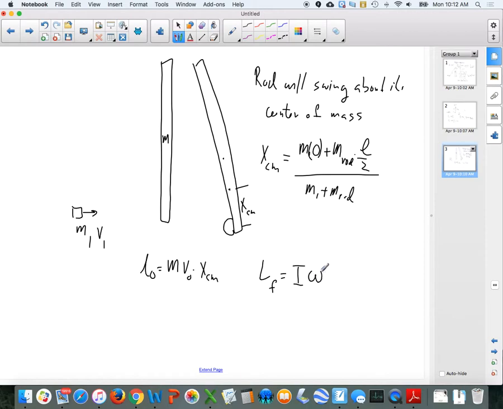And where I need to be careful here is calculating my I. So I is going to be the mass of my incoming M1. It is located a distance x center of mass squared from the pivot point. And then I need to do I of a rod, 1/12 m sub r L squared plus mass of the rod. I'm running out of space here, so hold on a second.